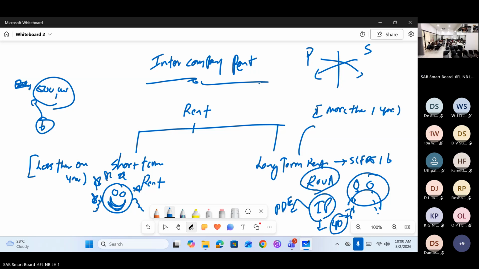Take a particular building, 10 crores will be there. Out of 10 crores, 3 crores are investment property and the other 7 crores are PPE. Same asset, same building, 3 crores investment property, 7 crores PPE.